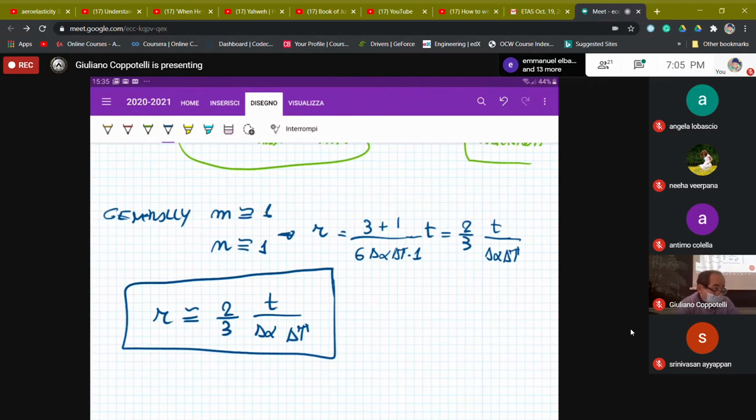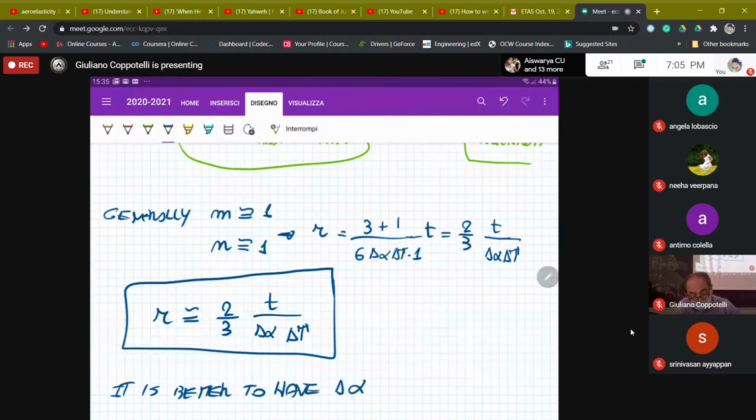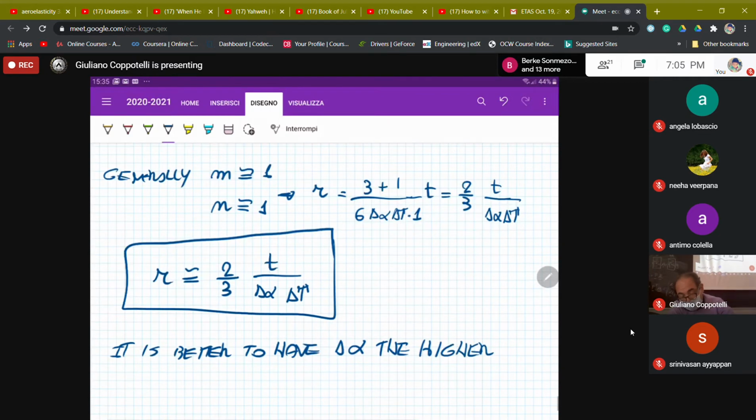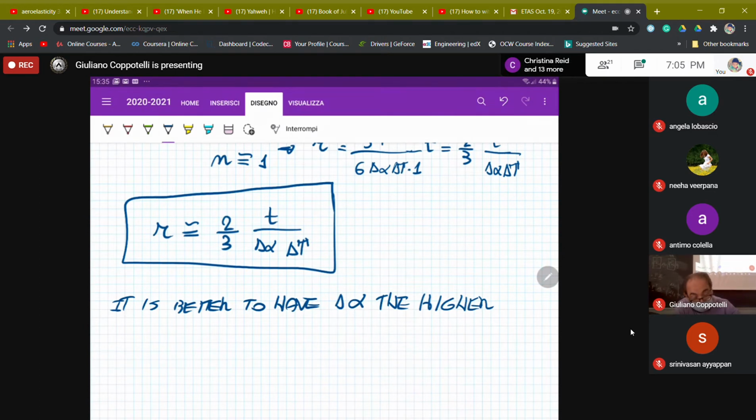So it's better to have the change of linear thermal expansion coefficient, delta alpha, the highest possible.